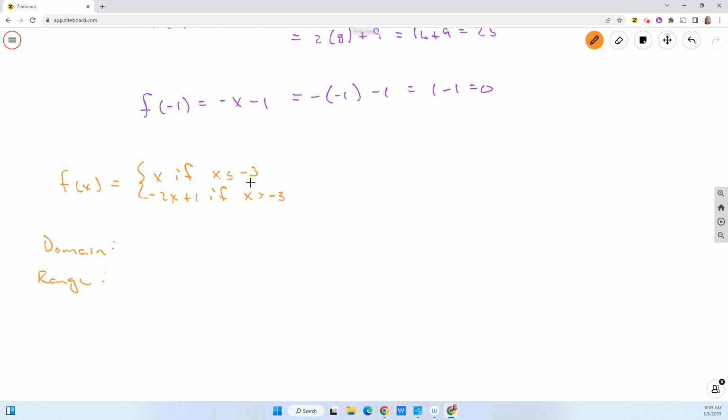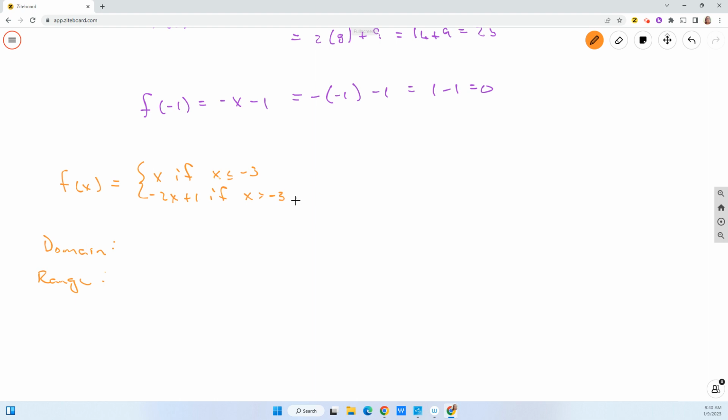The domain is any possible thing that x can be, right? So we look at this, and this just says x is less than or equal to negative 3. So if we look at the domain of these functions together, we kind of cover the gamut, right? Because this says that x can be less than or equal to negative 3. So negative 3 and forever in the negative direction.